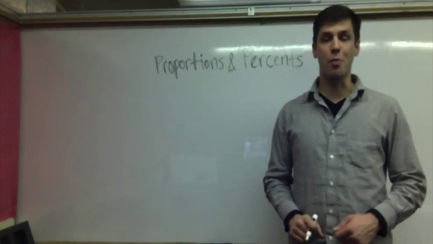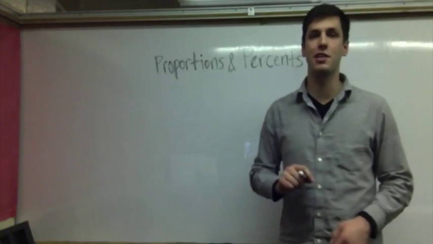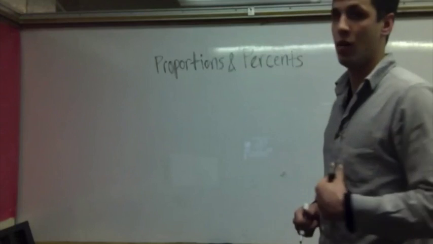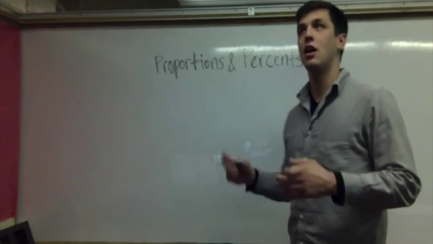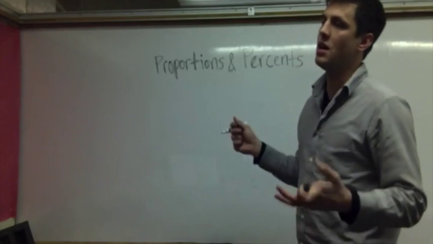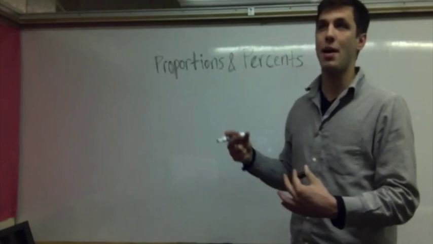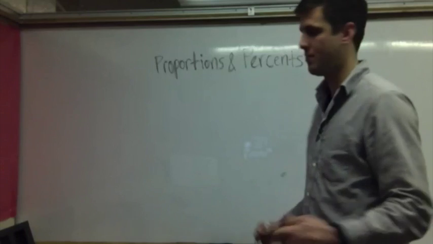All right, back to proportions and percents. This is the last part of the lesson. Percents are proportions, and this is how. When you say that you have, let's talk about it in terms of money. So a tip is about 20% of a bill.